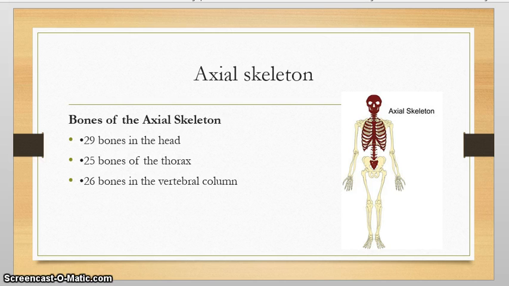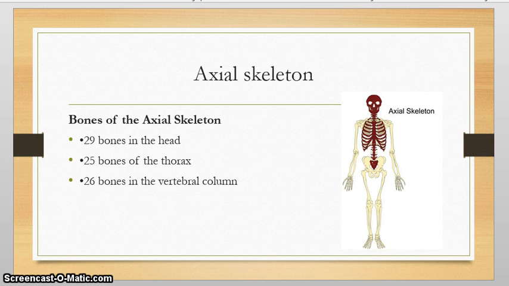The axial skeleton consists of 80 bones. 29 bones in the head, 8 cranial, I hope I said that right, 14 facial bones, and then also 7 associated bones. I'm sorry if I said that wrong. 6 auditory ossicles and the hyoid bone.